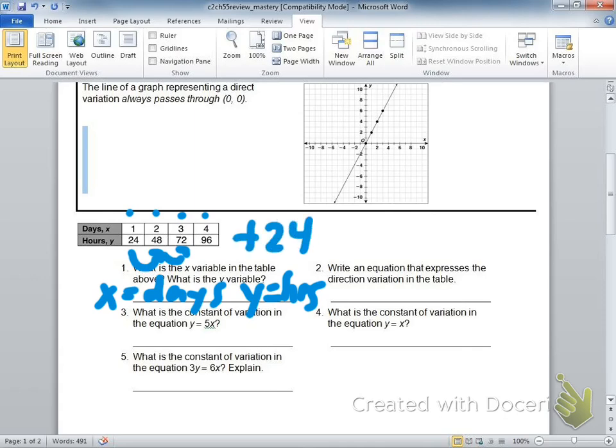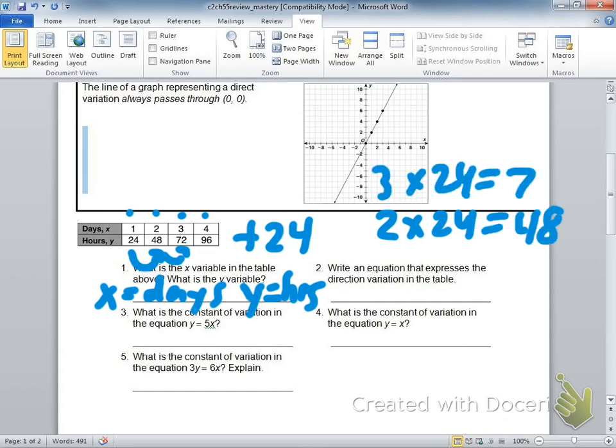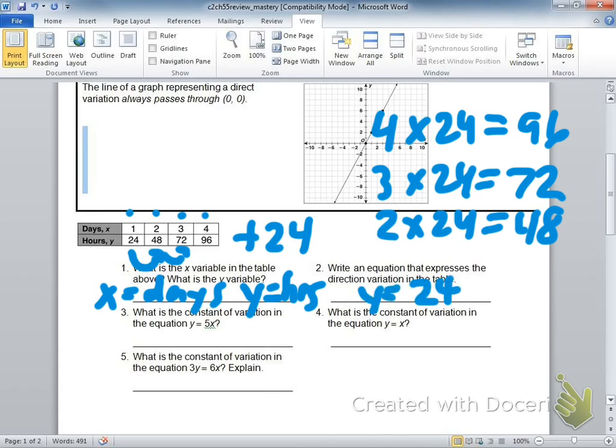So if I put in 1 times 24, I get 24. If I put in 2 times 24, I get 48. 3 times 24 is 72. And 4 times 24 is 96. So the equation is y equals 24x.